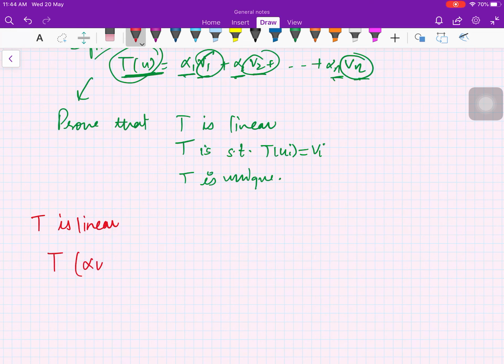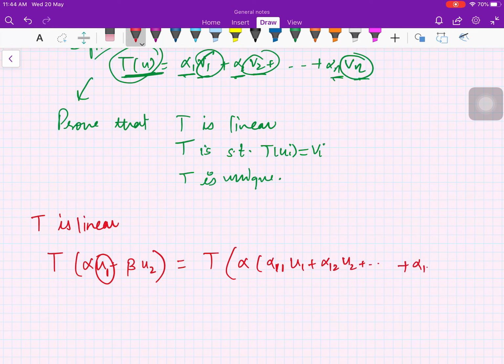you will just take T of alpha u1 plus beta u2. Now u1 will be a linear combination of u1, u2, un. So let us write that combination as alpha 1 1 u1 plus alpha 1 2 u2 plus so on alpha 1 n un, plus this beta u2 is also a linear combination of u1, u2, un.